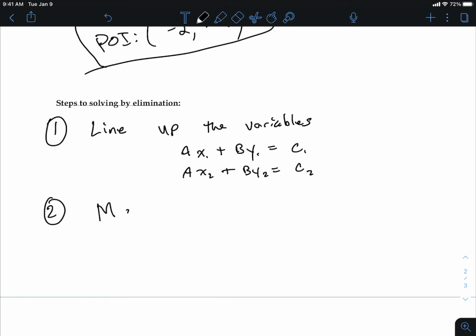Does everybody know what coefficients are? The coefficients, we'll highlight them in yellow, are the A's or the B's. Coefficients go in front of variables.